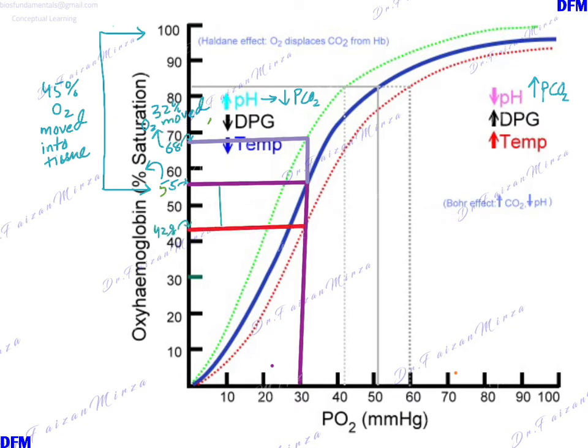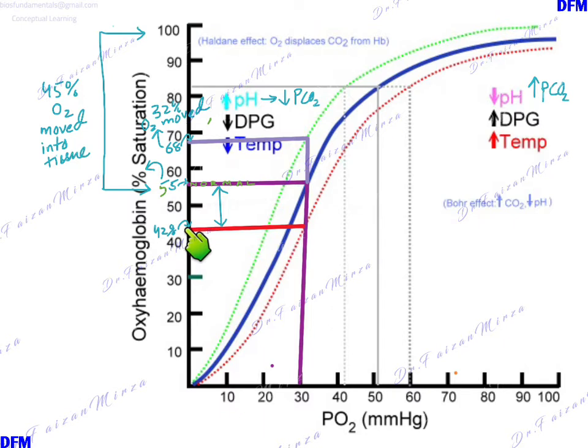The same goes for a tissue which has a high concentration of carbon dioxide, but here the argument goes in reverse. Let's suppose the carbon dioxide concentration in the tissue is higher, so we look at the red curve. If that tissue also had 30 millimeters of oxygen left, again we move here, touch the graph, and read off the value from the y-axis.